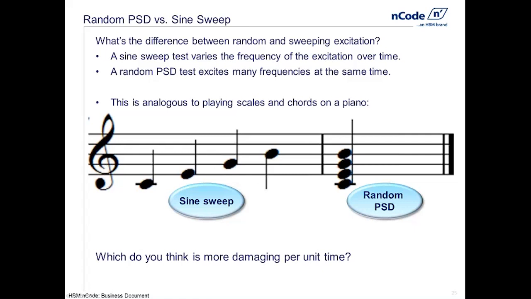Typically, sine sweep loading doesn't produce really high peak stress cycles because we're playing out these excitations in sequence, whereas random PSD tends to be more damaging per unit time because the excitation is creating stresses that are then superimposed on top of each other and create higher peaks, therefore create more fatigue damage per unit time.